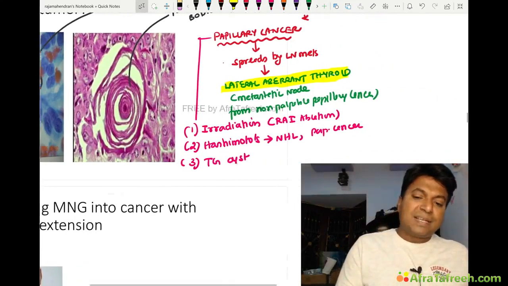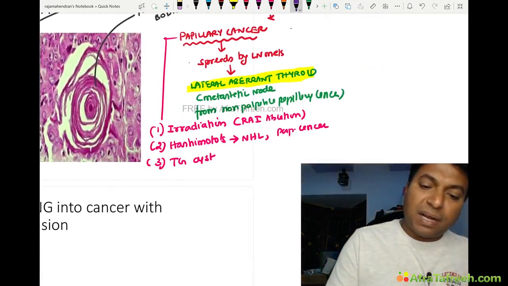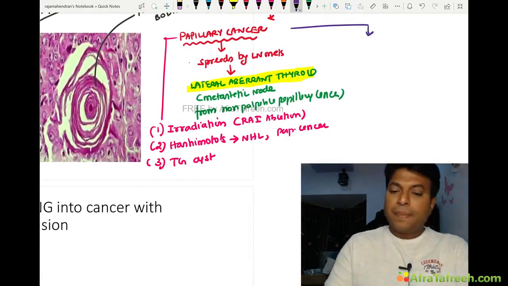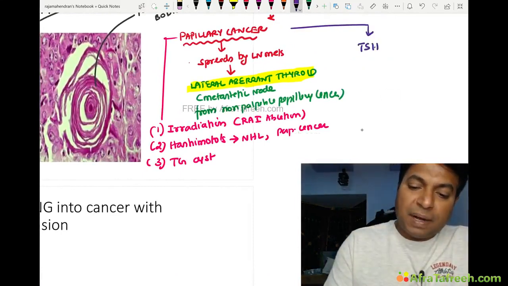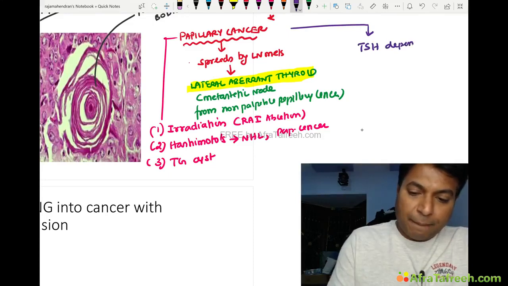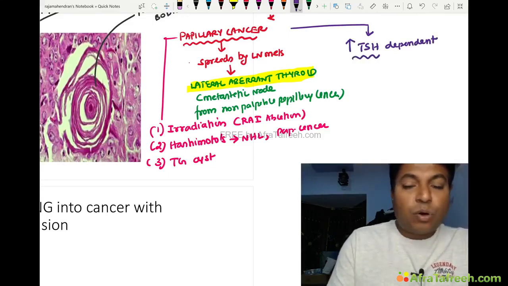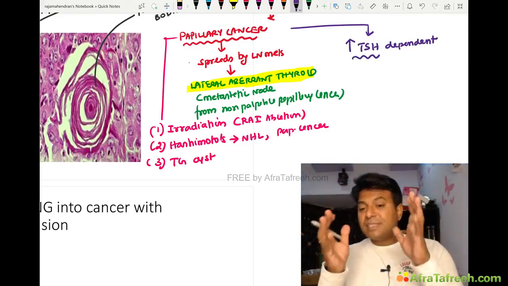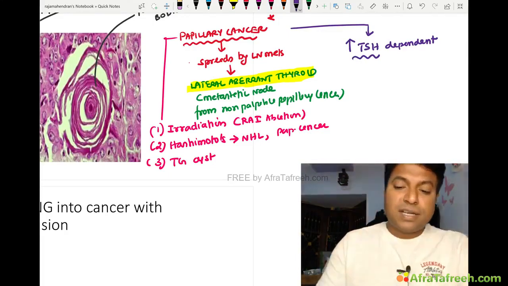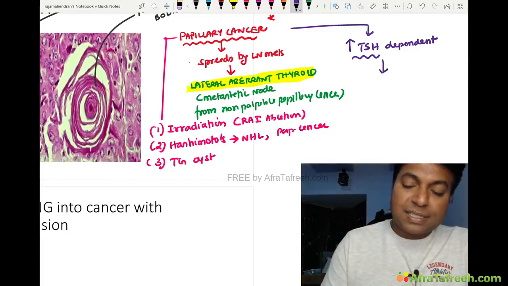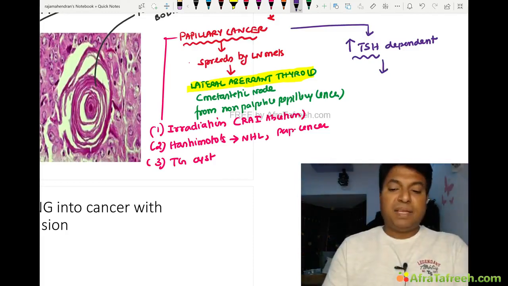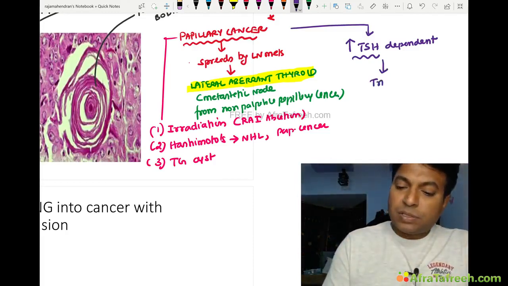Okay, papillary cancer is a cancer which is TSH dependent. I don't know how many of you know this point. It is TSH dependent cancer. In other words, if TSH increases, cancer grows. Therefore, after surgery, I will give TSH suppression therapy, that is triple dose thyroxine.